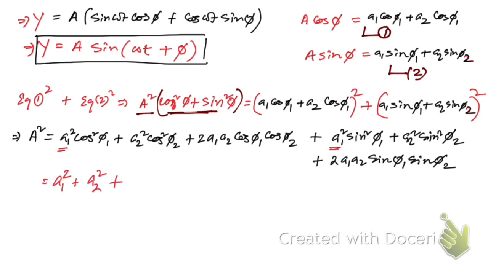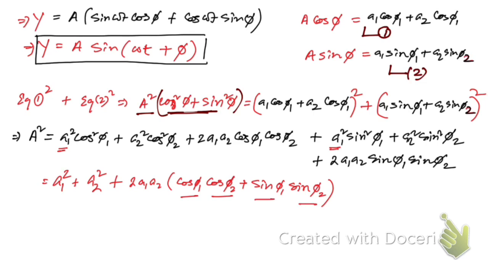Then let us take 2 a1 a2 common. Within the bracket we have cos phi1 cos phi2 plus sin phi1 sin phi2.